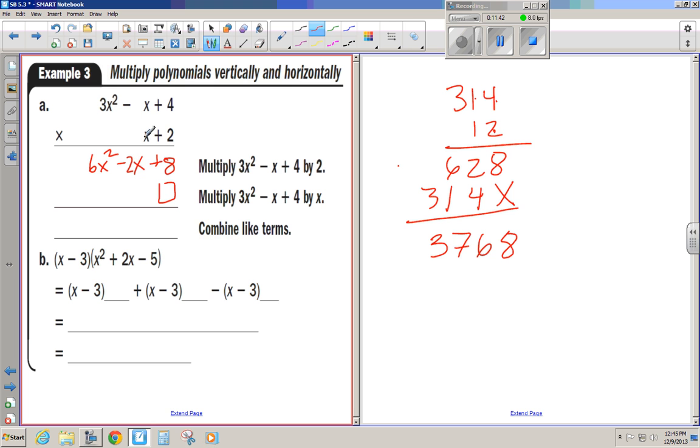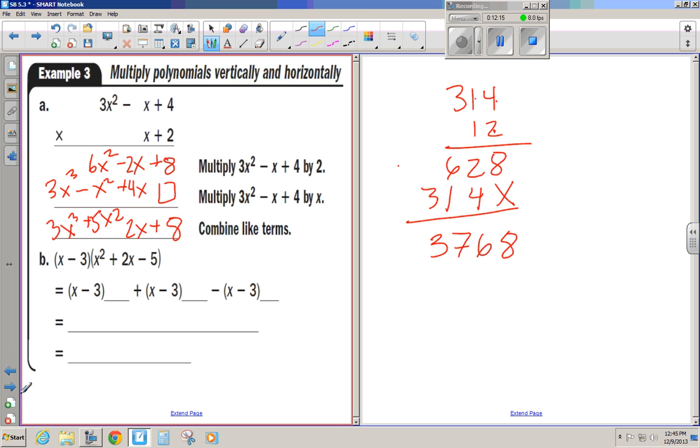So x times 4 is a plus 4x. X times negative, that's a negative x squared. X times 3x cubed is 3x cubed. And now we simply add. That's how this is set up vertically.